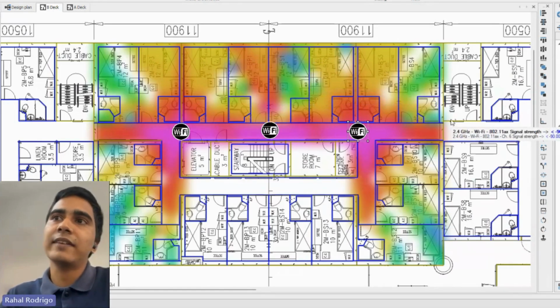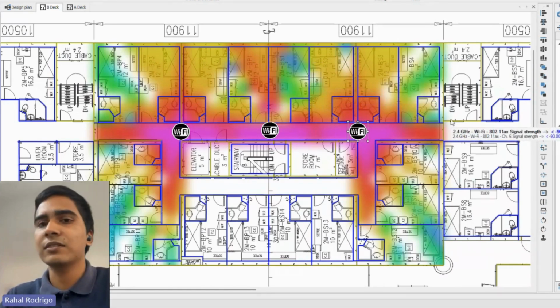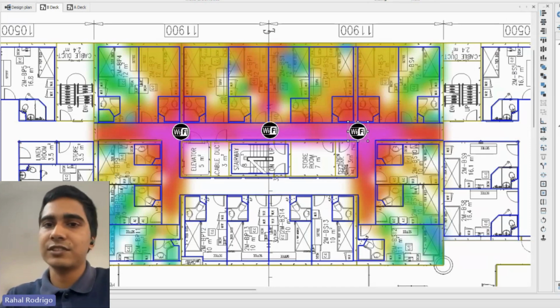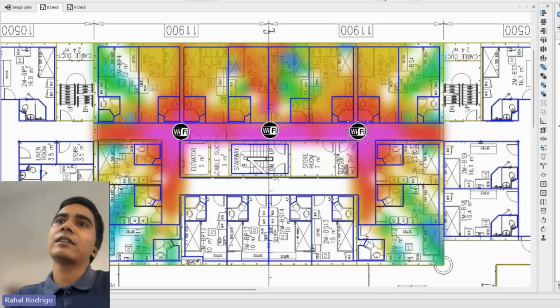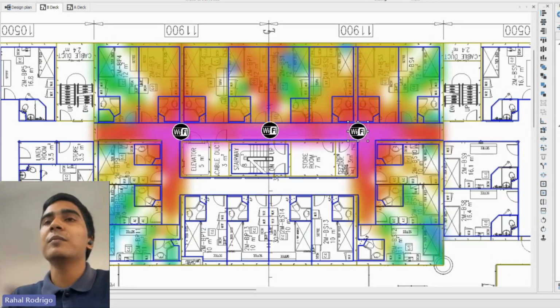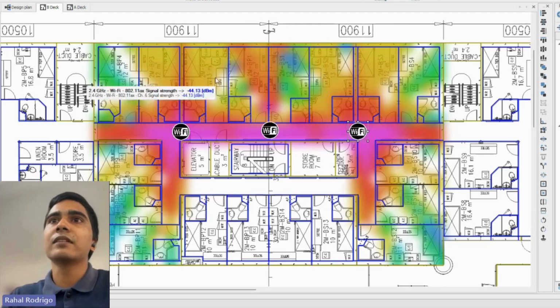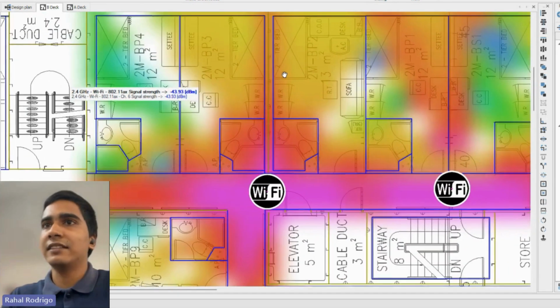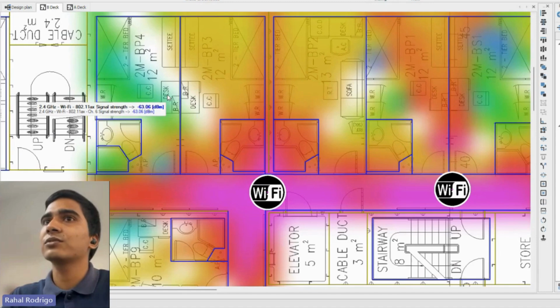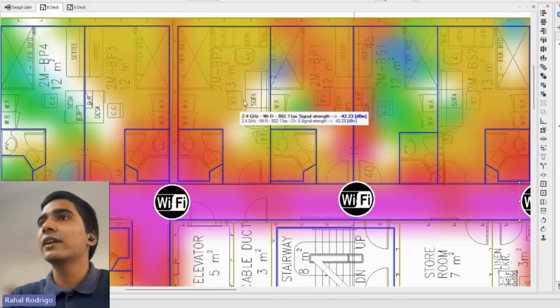Generally, another reason we keep our access points in the hallways is to avoid obstructions. Placing an access point in a room generally puts it at a disadvantage because it has to pass through more and more walls to get to the next room.